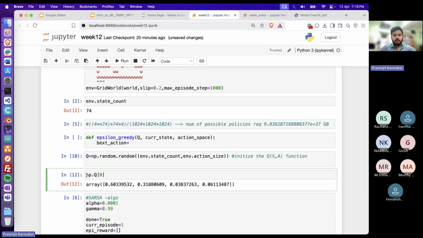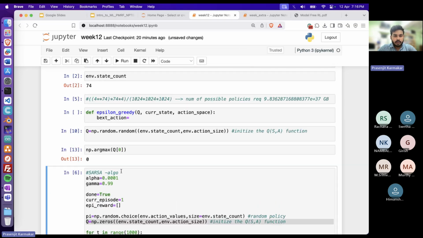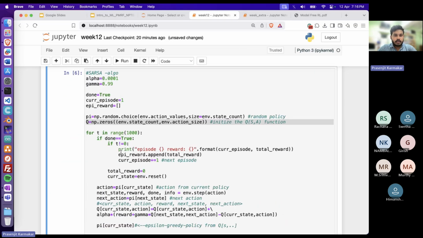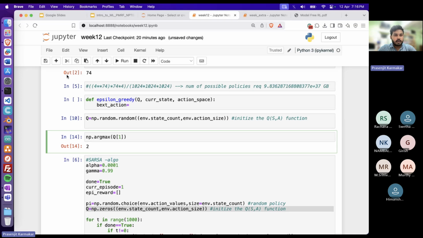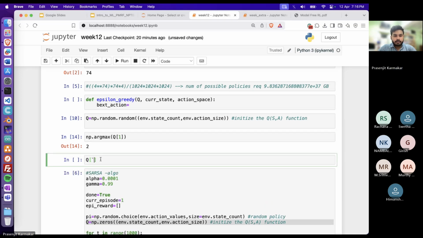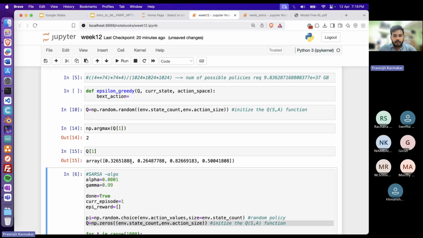If I do np.argmax, what is the argument max here? The 0th one, it should give me 0. Now for the first one, it gives me 2. Let's check what was Q1. Yeah, it gives me 2, meaning 0, 1, 2, this one. Fine. So just doing argmax for the current state would give me the result.